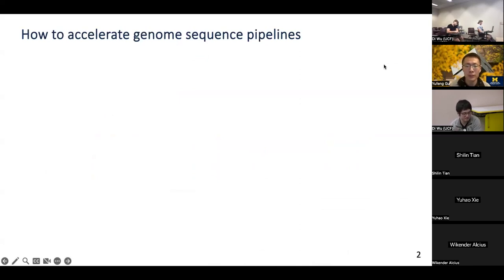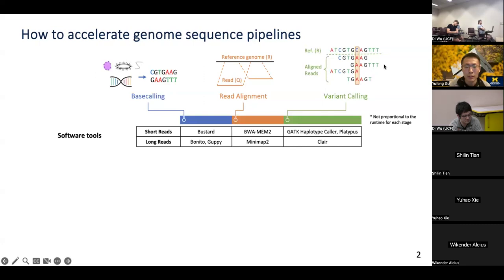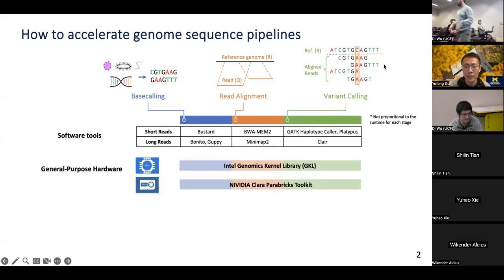After building a benchmark suite, the next and most important task we want to do is to design an accelerator, or some accelerator solution, on commodity hardware. Here are the three steps for reference-guided assembly. There are multiple software tools to finish this process.